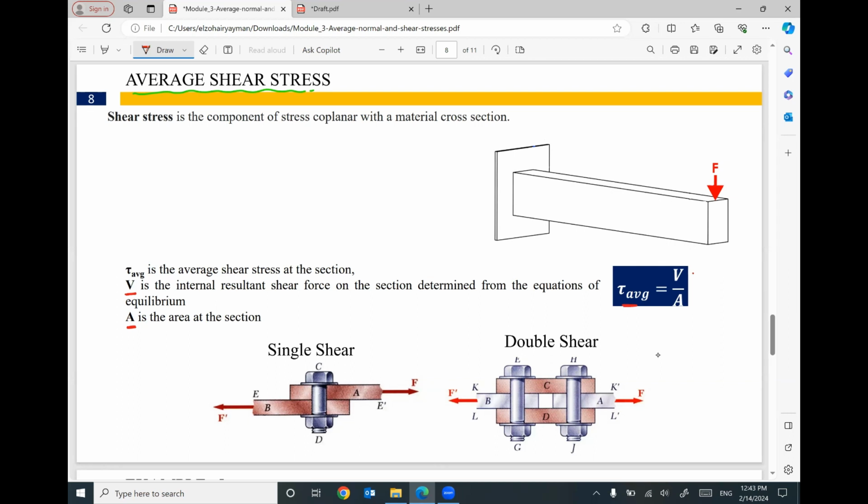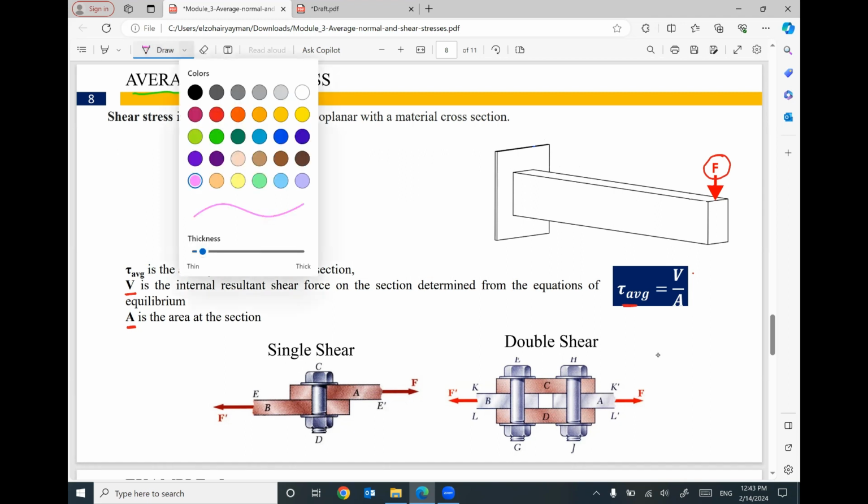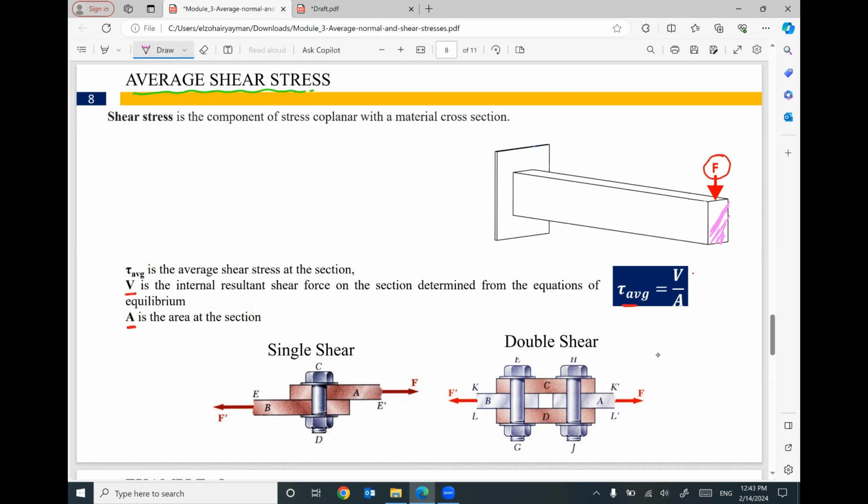So for example, if the applied shear force is F and the cross-section area of this member is this one, go ahead and divide the applied shear force by the area of the cross-section. You can get the average shear stress. This one is average, not accurate shear stress, but it's average shear stress, tau average.